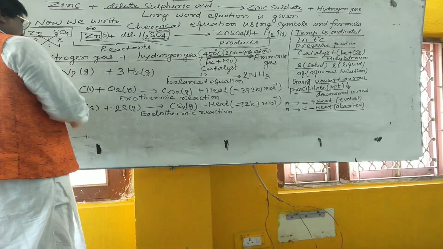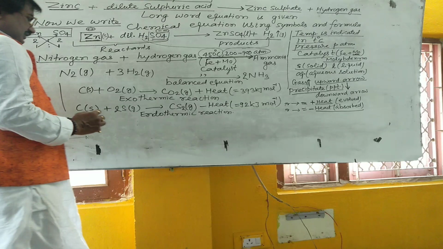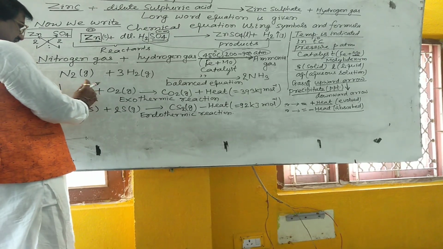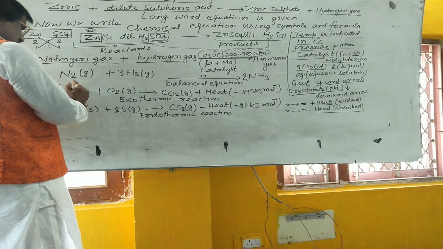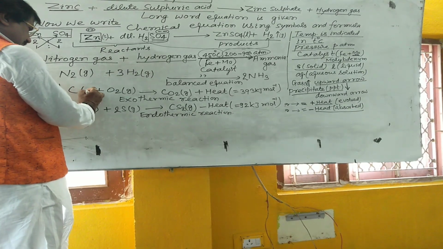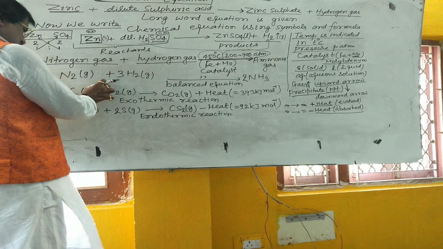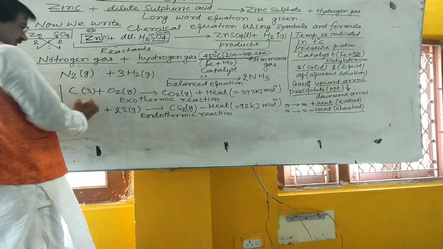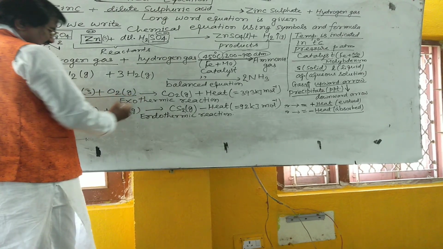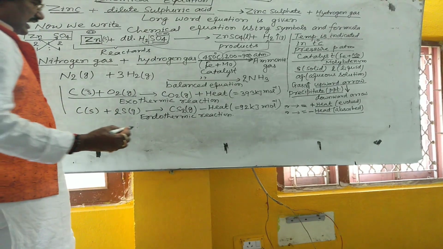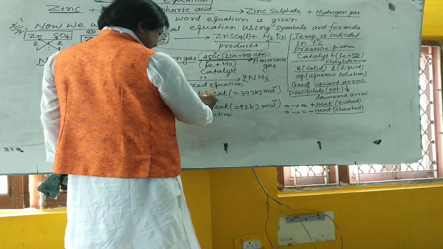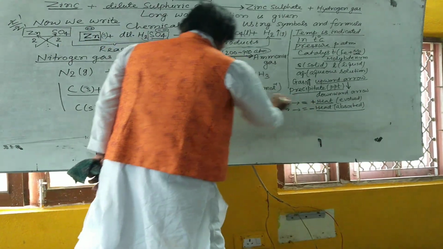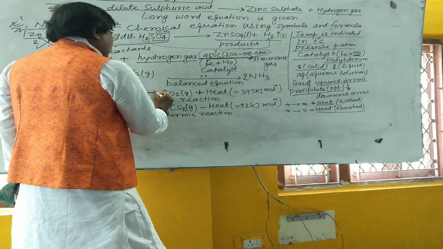Now, another example of a chemical equation is C for carbon. Carbon, you know, is used as a solid. If you combust it in oxygen gas, carbon dioxide gas is formed, and plus sign after the arrow, or is equal to.